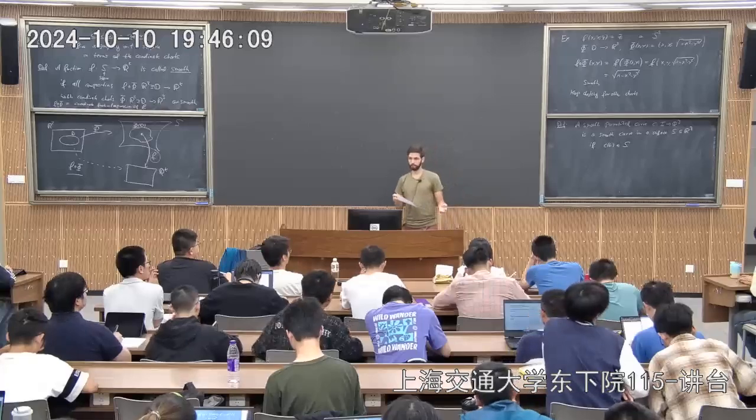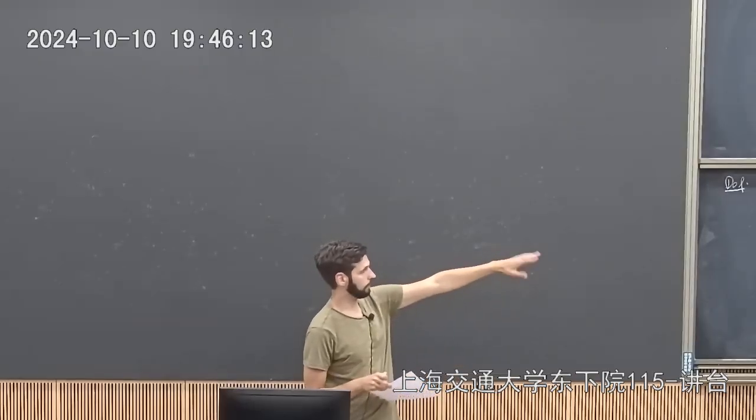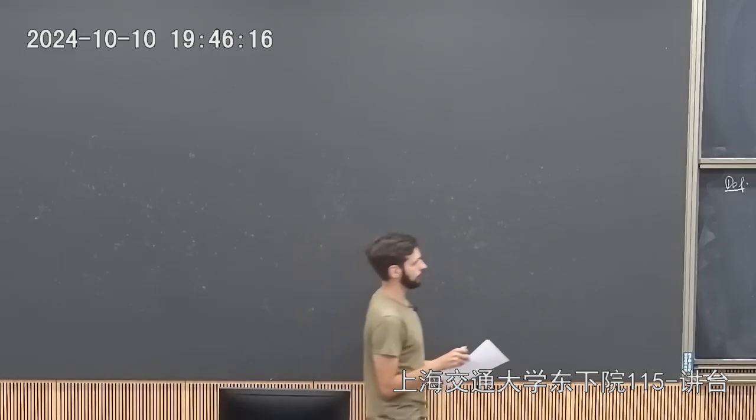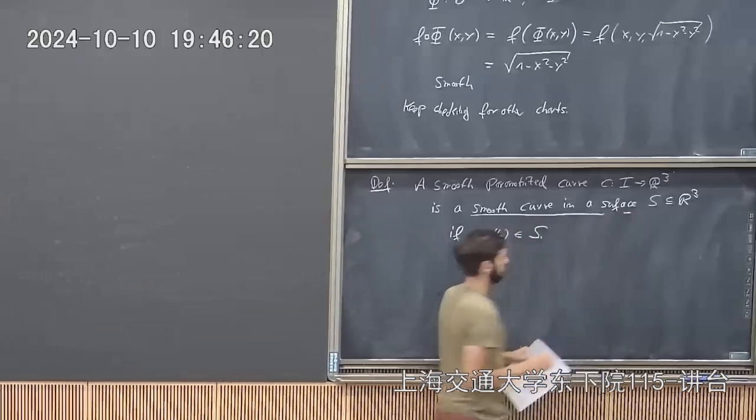So we have a nicely parameterized curve, which we describe in 3 coordinates. And we say that this one is a smooth curve in the surface if it just takes values there.